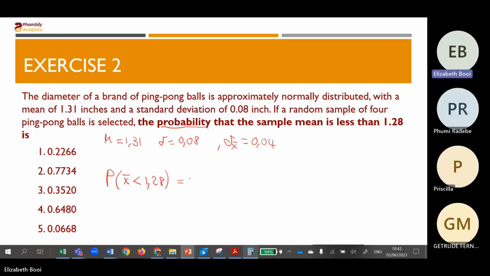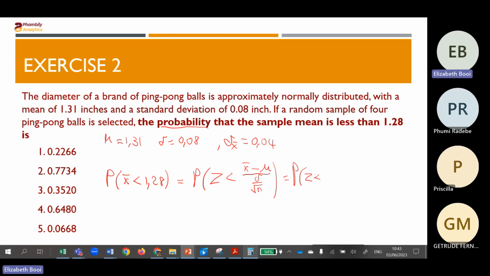1.28. Therefore, we need to find the probability that Z is less than. If I write the formula, it will be the sample mean minus the population mean divided by the standard error, which then means I'm going to find the probability that Z is less than.